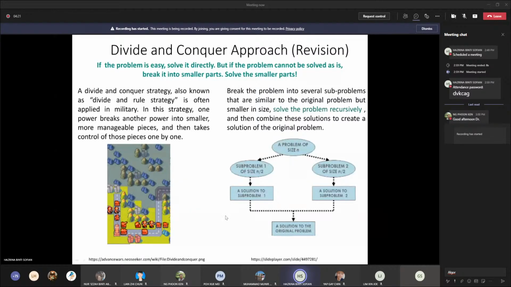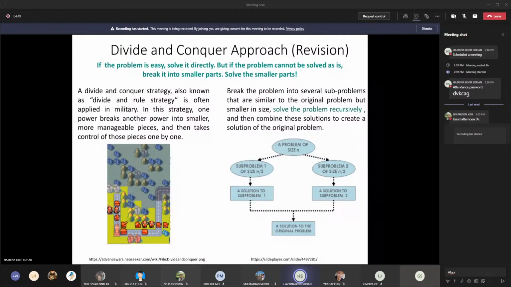Okay, so as the revision, divide and conquer approach is the strategy where we divide the work and then we conquer. So for this tutorial, for the sake of the topic for today, I want to allow you to divide the tutorial questions and conquer.